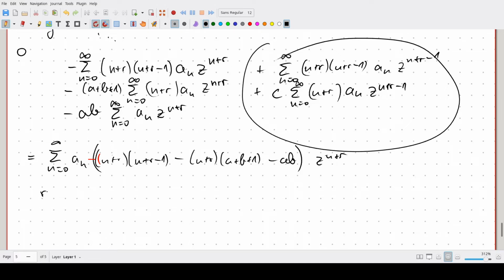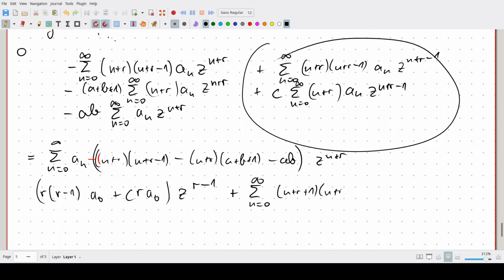And then we have r times r minus 1 a naught plus c times r a naught times z to the r minus 1, plus the sum from 0 to infinity of n plus r plus 1, n plus r, a n plus 1 z to the n plus r, and then plus c times n plus r plus 1, a n plus 1.